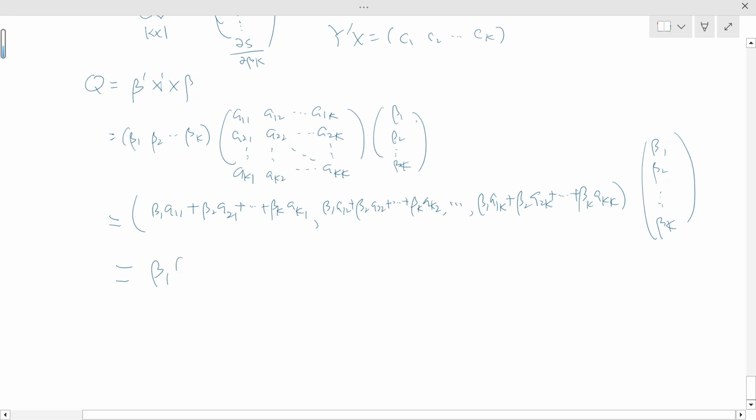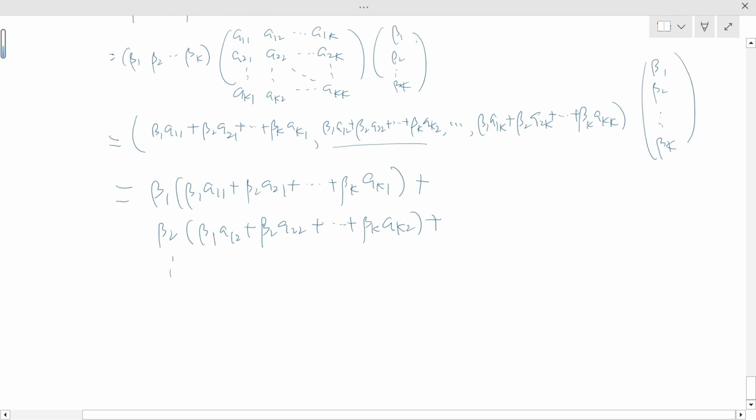So beta 1 times beta 1 A11 plus beta 2 A21 plus beta k AK1, plus beta 2 times this element, beta 1 A12, beta 2 A22, beta k AK2, plus the middle terms, plus last terms beta k times beta 1 A1k plus beta 2 A2k plus beta k AKK.